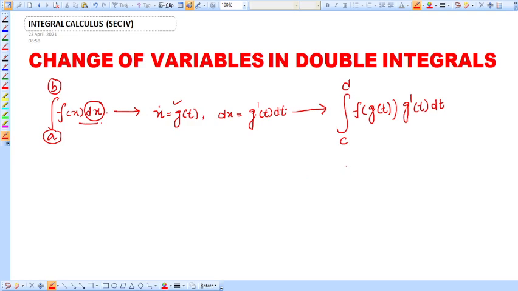Here c is equal to g(a) and d is equal to g(b).